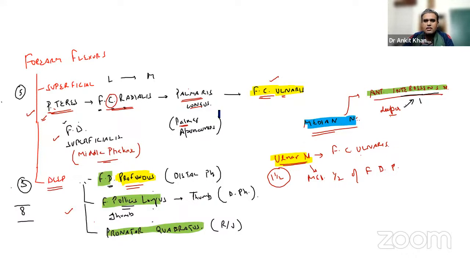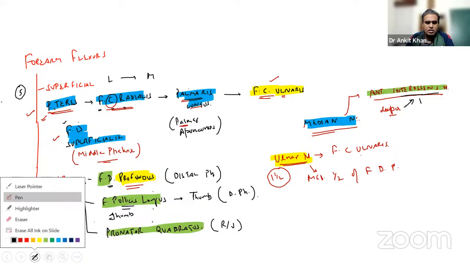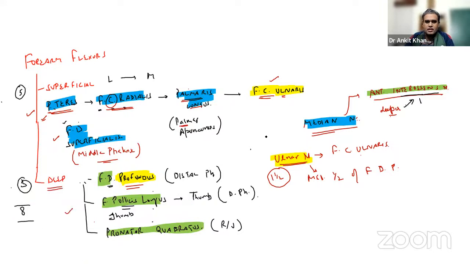So if this is median over here, its main trunk supplies the pronator teres, flexor carpi radialis, palmaris longus, flexor digitorum superficialis, and that's it. So if I tell you in a nutshell what all is happening, if we talk of the number game, median nerve supplies 4 muscles, ulnar nerve 1.5, and anterior interosseous supplies 2.5 muscles.